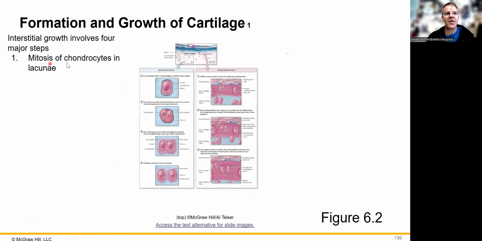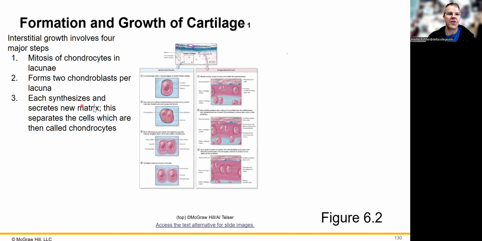First, we have mitosis happening in those chondrocytes in the lacunae. Remember, mitosis gives you two identical daughter cells. They form two chondroblasts per lacuna. A chondroblast, remember, is the builder of the cartilage.